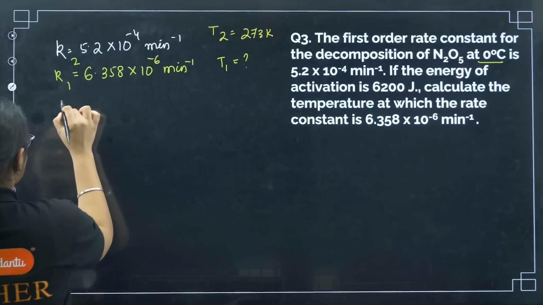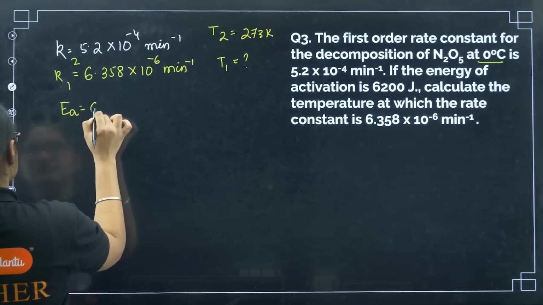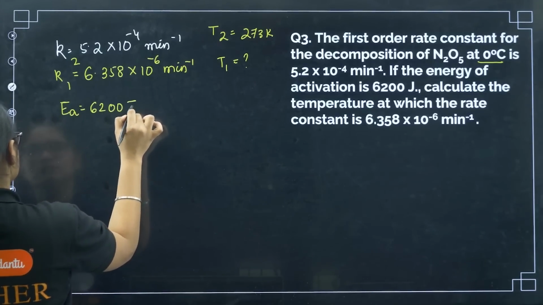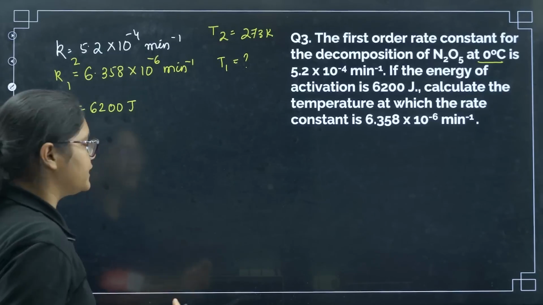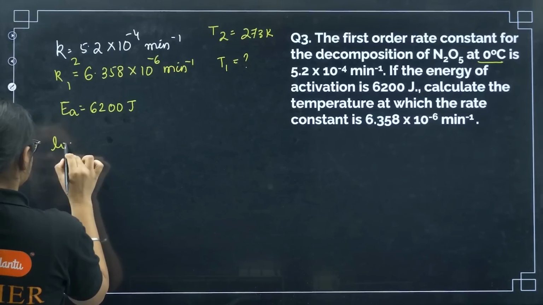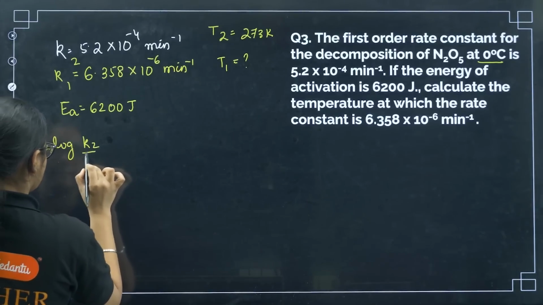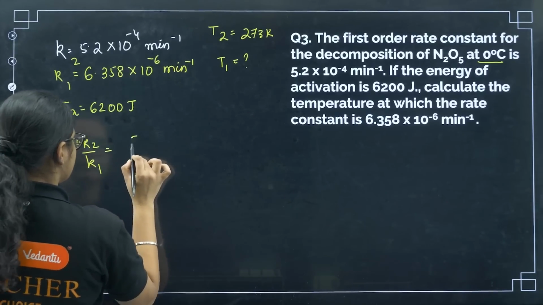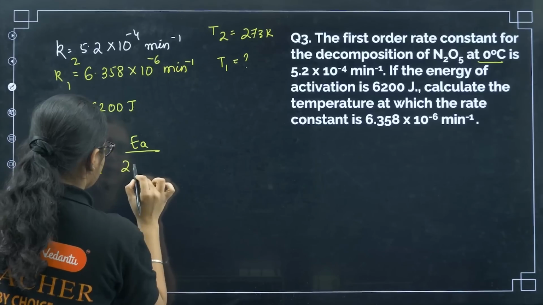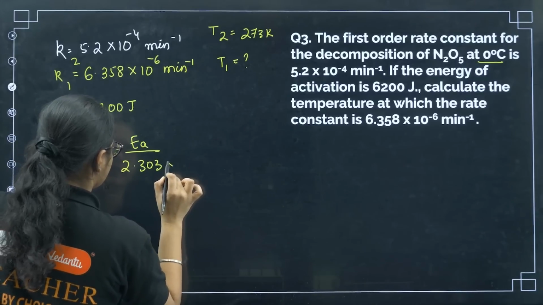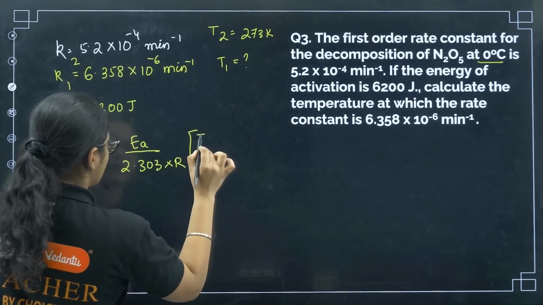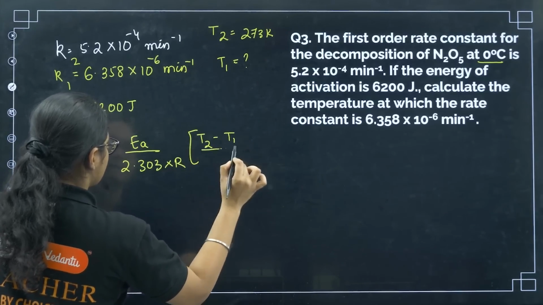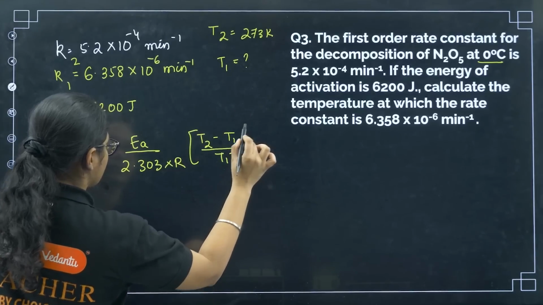Next I have activation energy as 6200 joules. Now we can use the Arrhenius equation: log of K2 by K1 is equal to EA by 2.303 into R, times T2 minus T1 by T1 into T2.